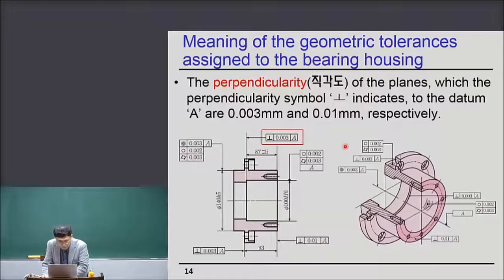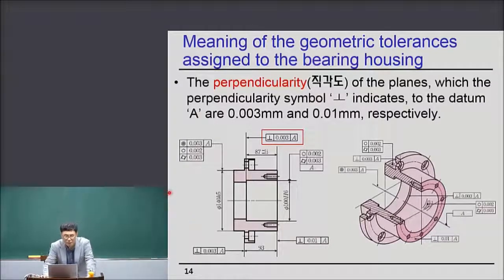Perpendicularity is a relative property, so it should be from datum A. From datum A, the other plane is defined. The perpendicularity of the other plane is defined.